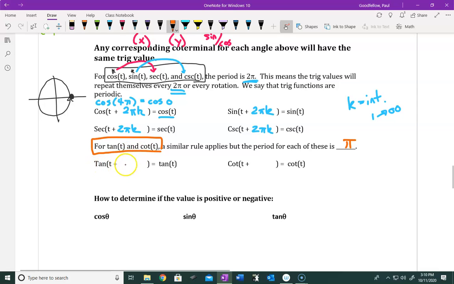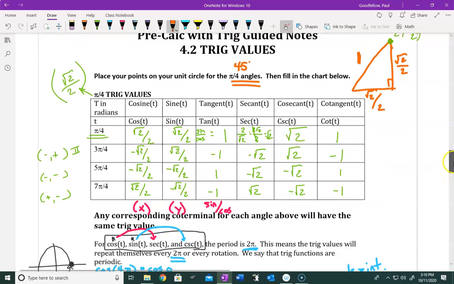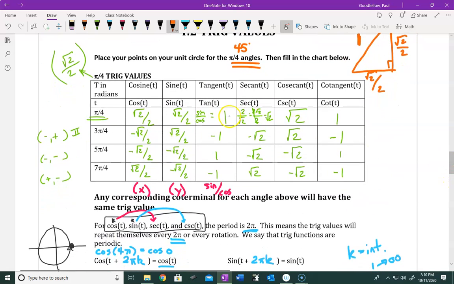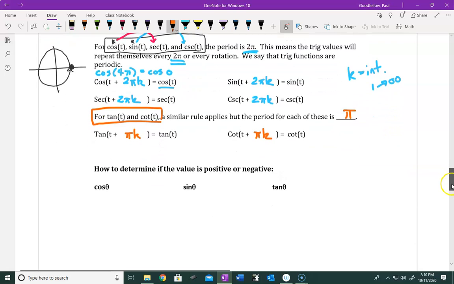So I'd say that tangent is pi k and cotangent is pi k as well. And you only have to go half as far to get those guys to repeat themselves. Now, those actually do show up in these charts right here. As you can see, it only took a pi amount for tangent and cotangent to start repeating themselves. All right? And that is the reason why they turn out that way.